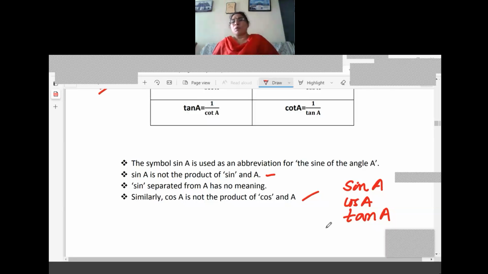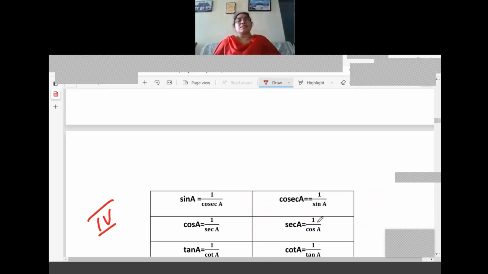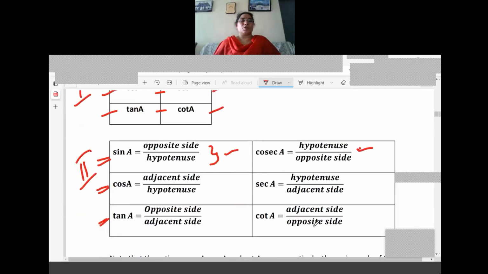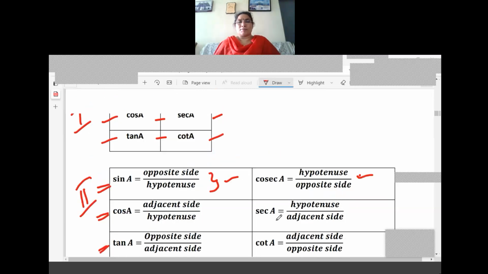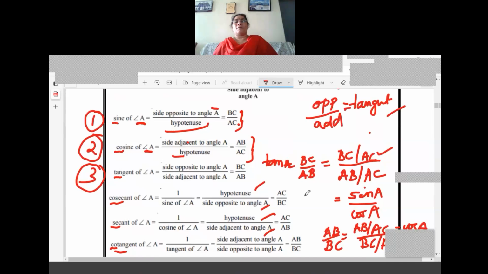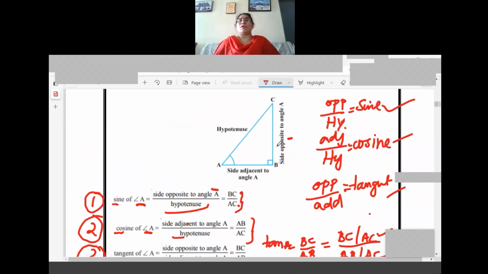Okay. Now, one more homework I will give you, using the same ratios. We have written the formulas for sine A, cos A, tan A, cosec A, sec A, and cot A in the beginning with the sides, right? The same question we can go for sine C. What is sine of angle C?